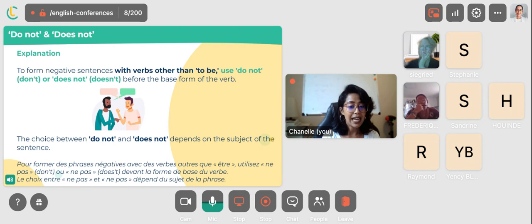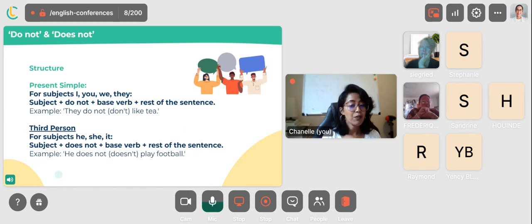To form negative sentences with verbs other than to be, we use do not or does not before the base form of the verb. The choice between do not and does not depends on the subject of the sentence.